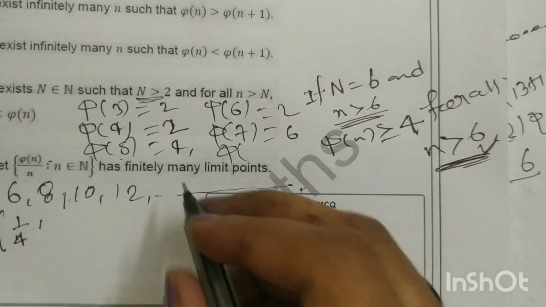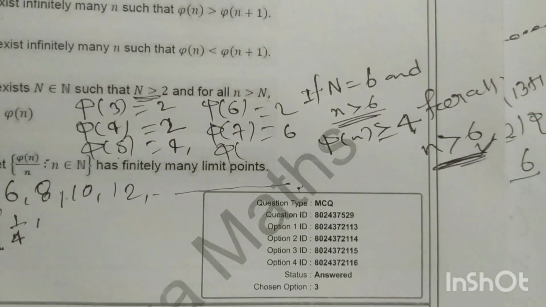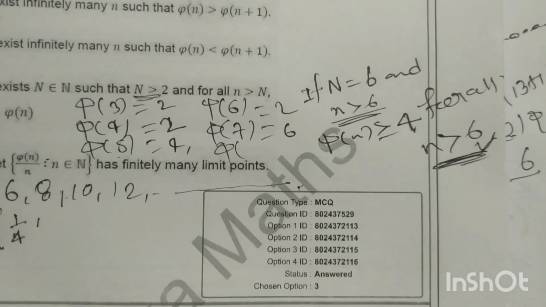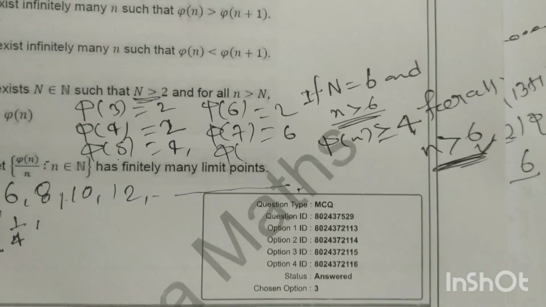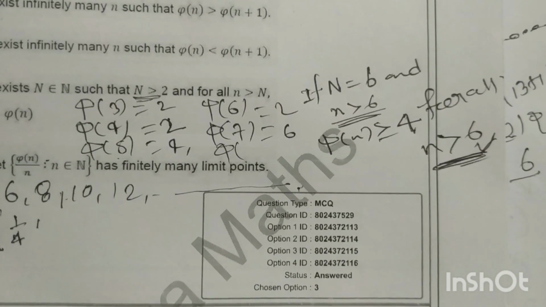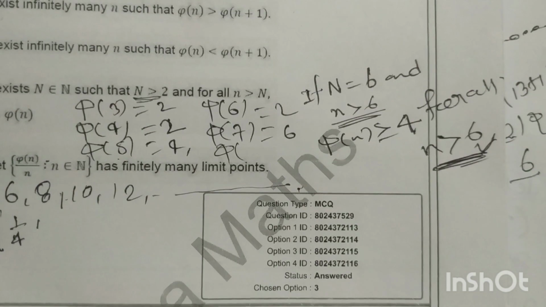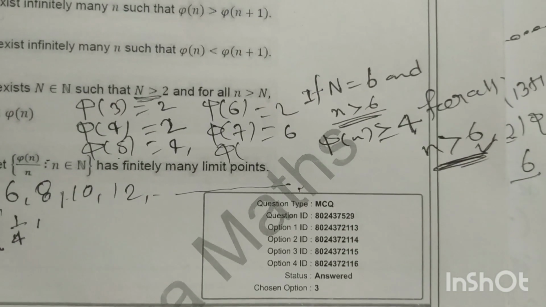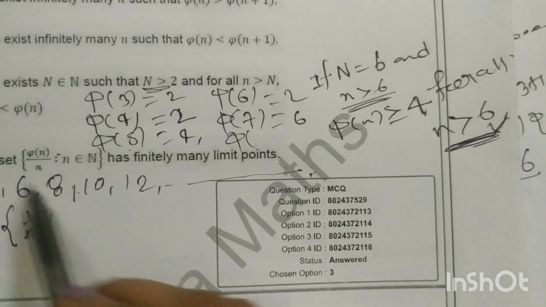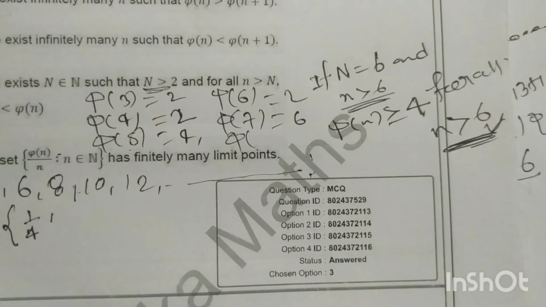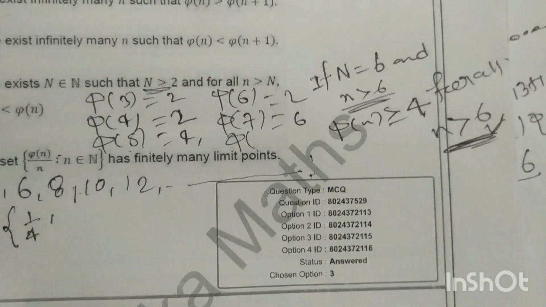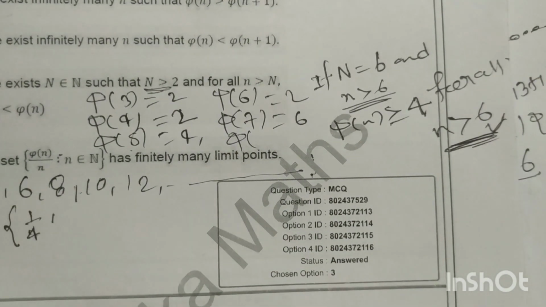I think it is not correct, but we have to verify. How to do this in a general way? So we will do this option 4, but it is correct that it has infinitely many limit points, as you know these terms repeat infinitely many times.